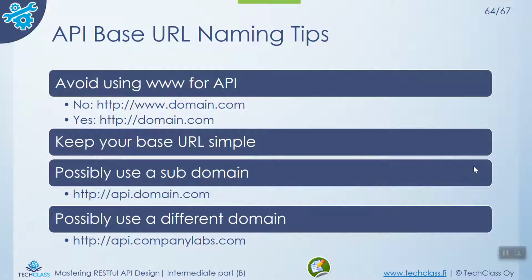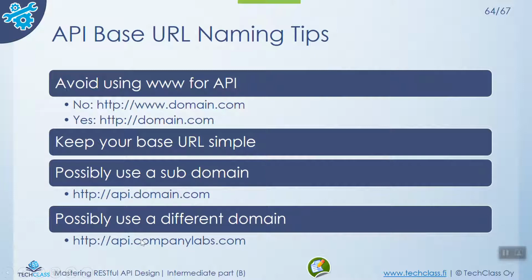And there are some tips you should consider for naming your API-based URL. First, try to avoid using www. It's not very nice to mention, and it's 4 extra characters. Why should you? Try to keep it simple. It would be nice to also use subdomains such as api. That's a good option instead of having a category name here.